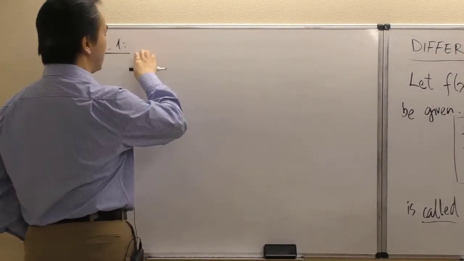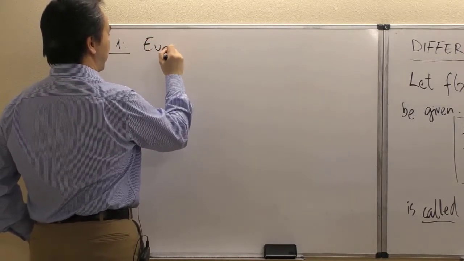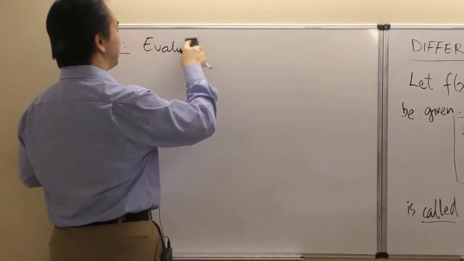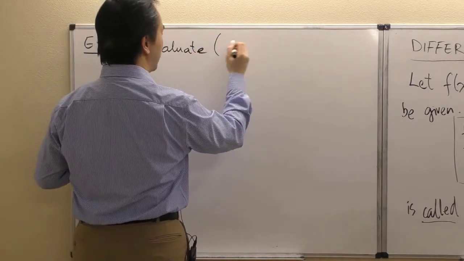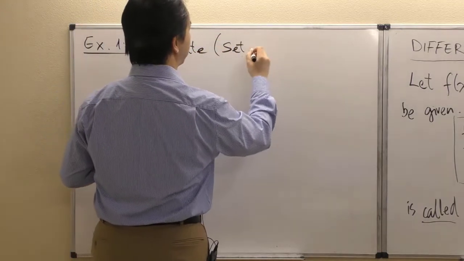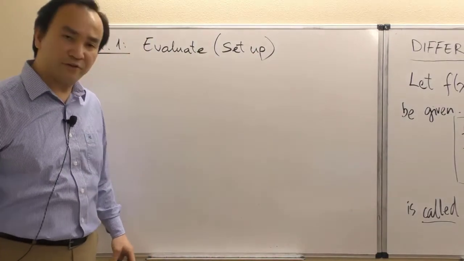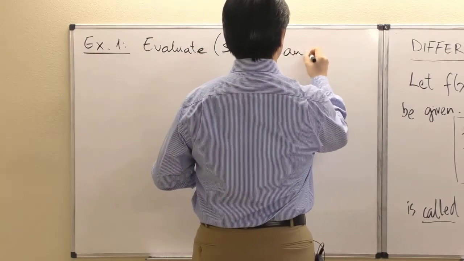Let's evaluate. When I'm saying evaluate, I intend that we just set it up. That's another way of saying that. Some textbooks or other instructors might refer to that as set up the difference quotient, and further simplify.